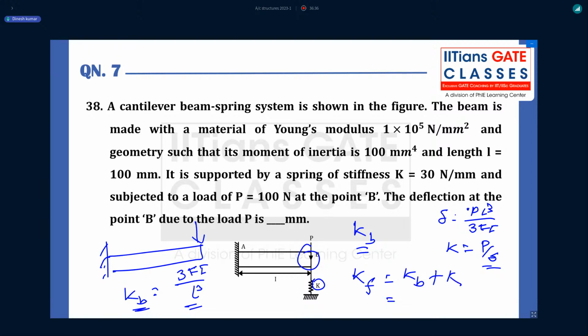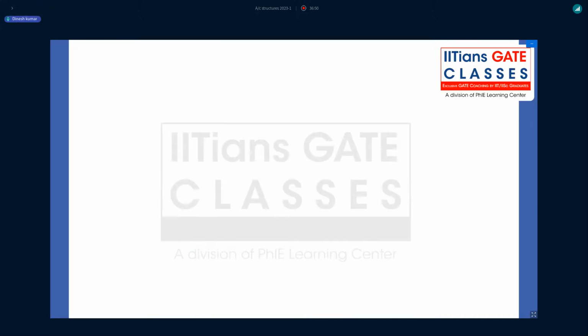Now guys, what is the K beam? It is 3EI by L cube, and K spring is given as 30. So first find out K final. K beam is 3EI by L cube.